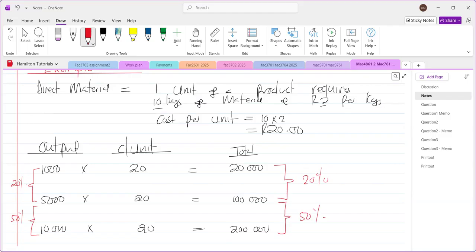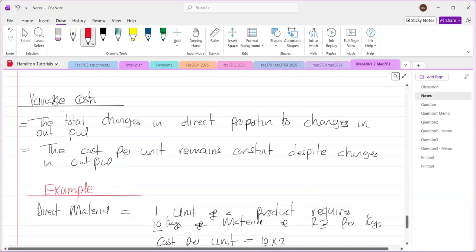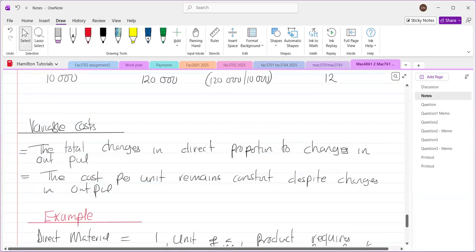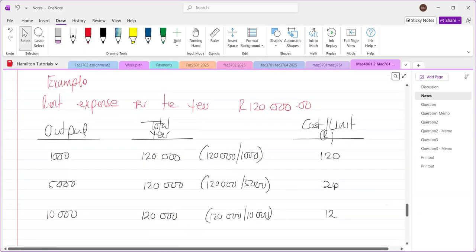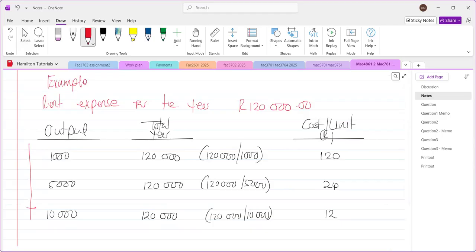Output. So our benefit, therefore, when we increase output, is that the cost per unit reduces because of the fixed cost. When output increases, the cost per unit, as you can see, reduces. So that's for the fixed cost.